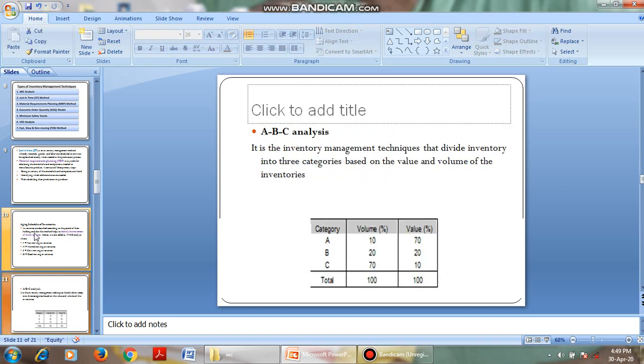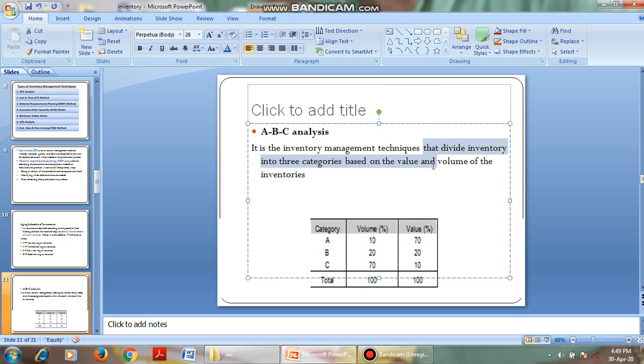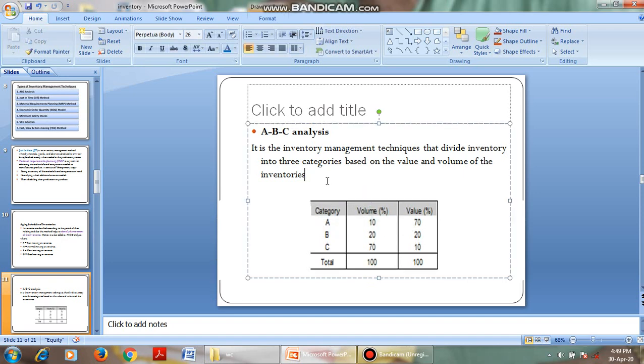Okay. Next one, ABC analysis. This is also important. It is an inventory management technique that divides inventory into 3 categories based on the value and volume of inventory. Here I will tell you a simple example. Try to understand. If you have 10 kgs of coal and you have 5 grams of gold, which is valuable?